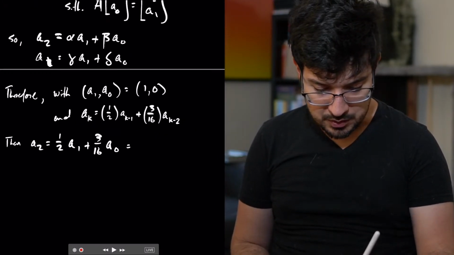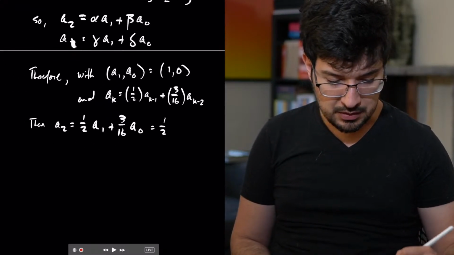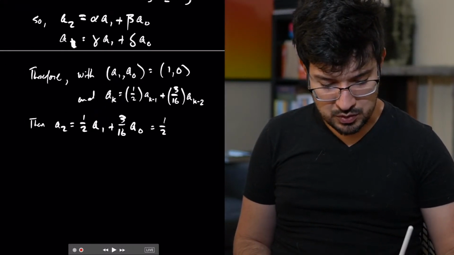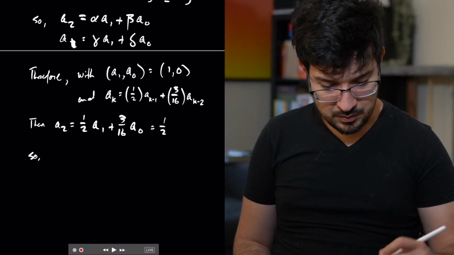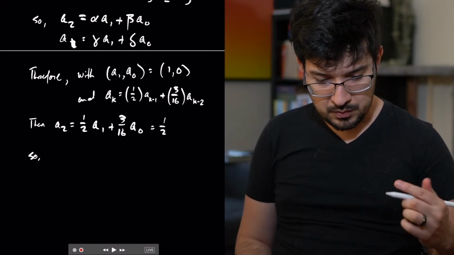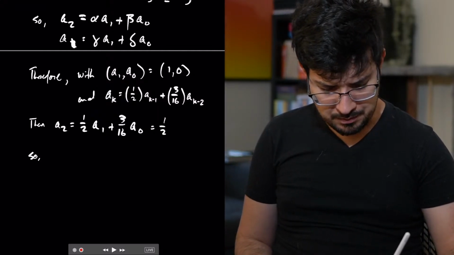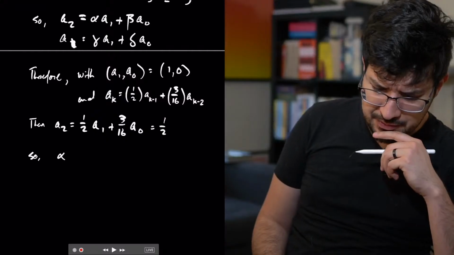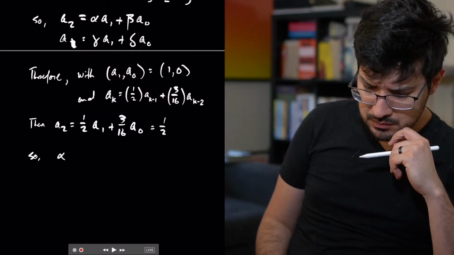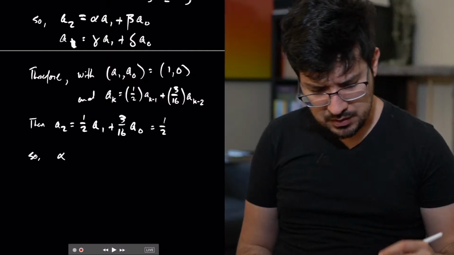And this is just going to be 1/2 times A1, which is 1. So can we get everything from this? I don't know if we can. Can we?